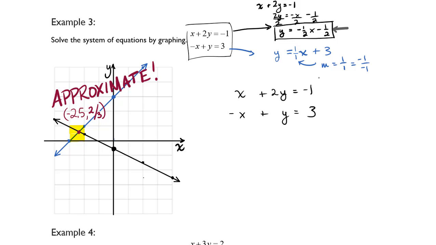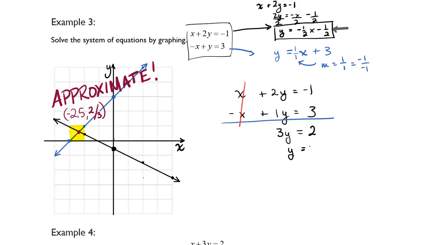Now I'm going to add the two equations together. Notice that when I add them together, x and negative x add to 0, so I don't have to worry about those guys anymore. Now I have 2y plus y equals 3y, and -1 plus 3 is 2.